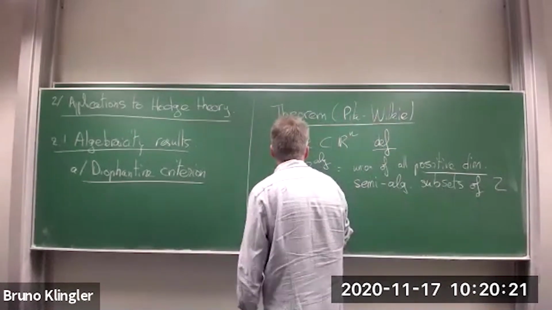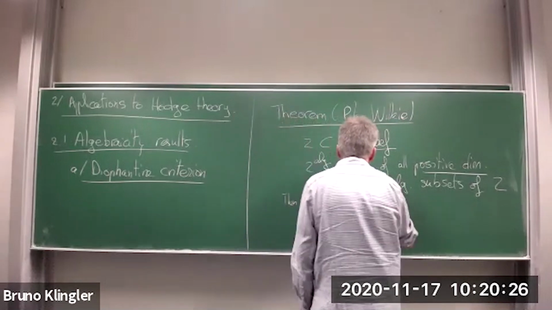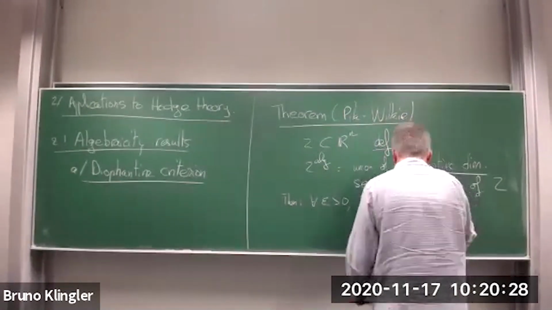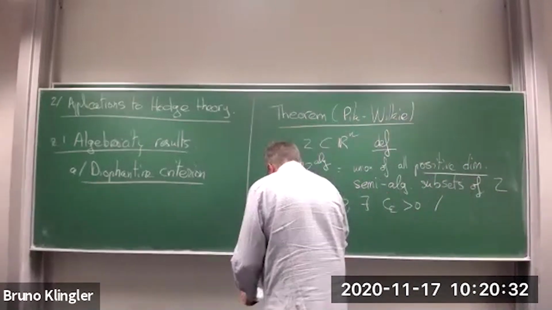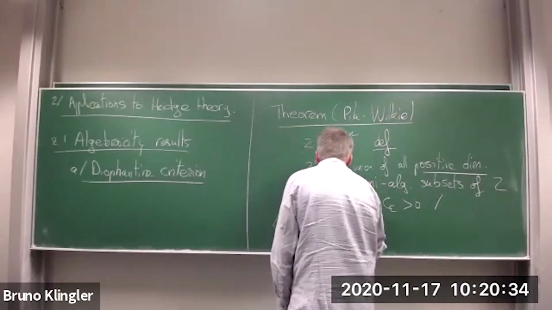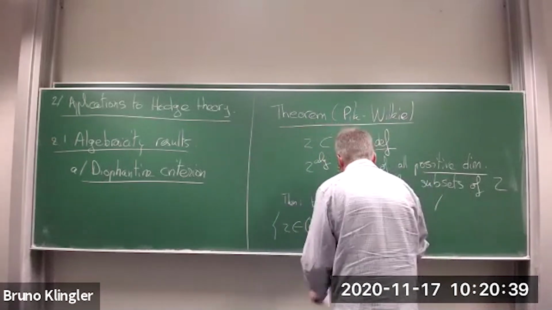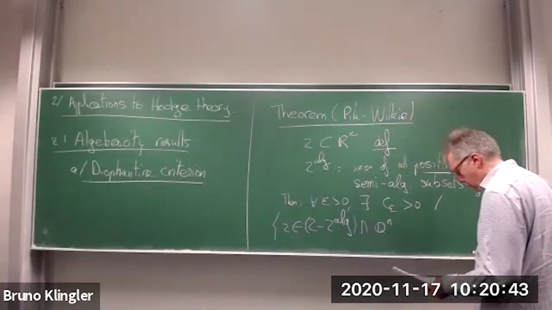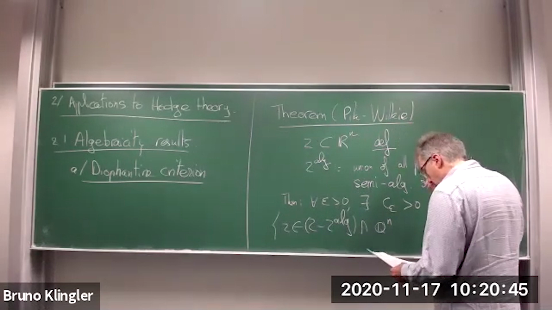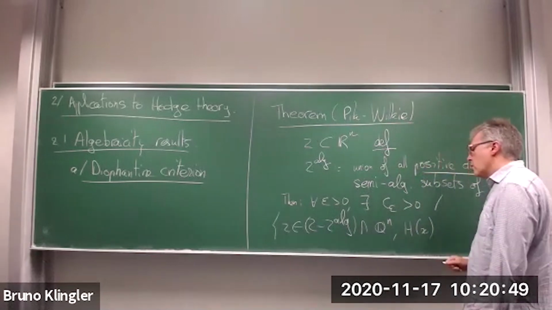Namely, you have the following result. For any epsilon larger than 0, there exists a constant C_epsilon, which is positive, such that if you count the set of points in Z minus the algebraic part, intersected with Q^n, or you can replace Q with a number field, then you need a boundedness assumption.